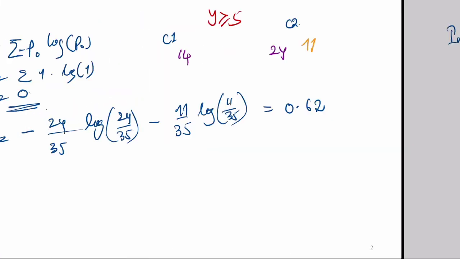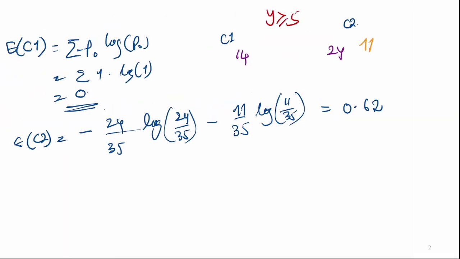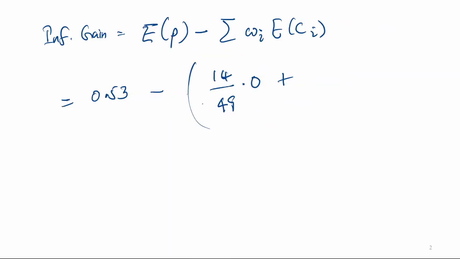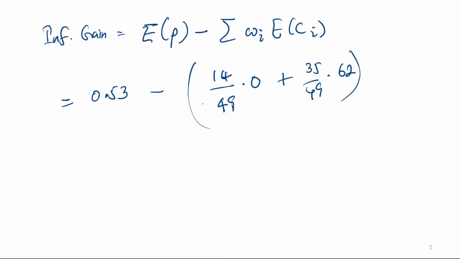So 14 over 49 times the entropy, which is 0, plus 35 over 49 times 0.62.